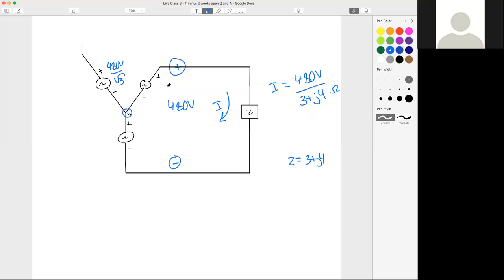It's still a 3-phase source, right? This is a single phase load. When we're working, if you're not sure, what do we do? We go back to Ohm's law, don't we? So here's my 3 plus j4. If I want to find this current, I need to know the voltage across, right? Easy. Voltage across, here to here, is our line voltage, 480.